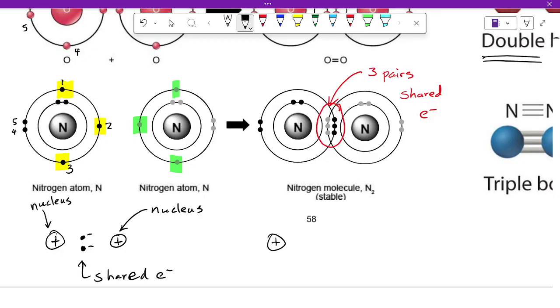And now I've got 1, 2, 3, 4 electrons. So now we're drawing in the force. That's our electrostatic attraction.